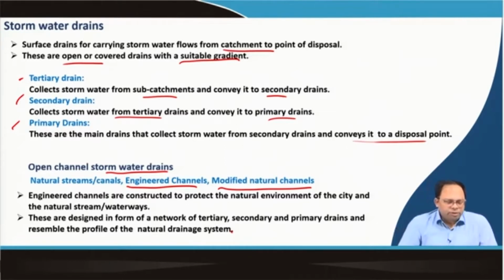Using that we can also design our artificial or engineered channels along those same stream profiles, and then create our stormwater drains. So we can either use the natural stream if it is there, and we can modify it or keep it as it is, or we can create engineered channels for those streams, and we give them a profile as per the volume of water and so on that has to be carried.